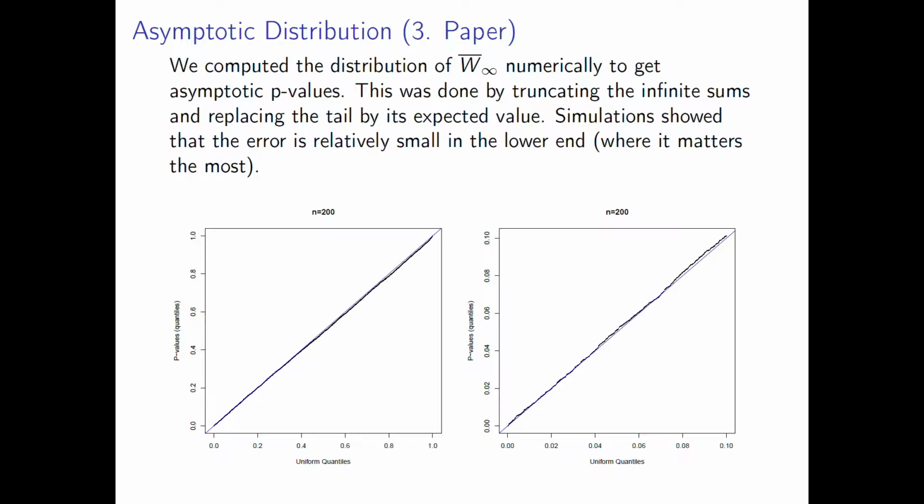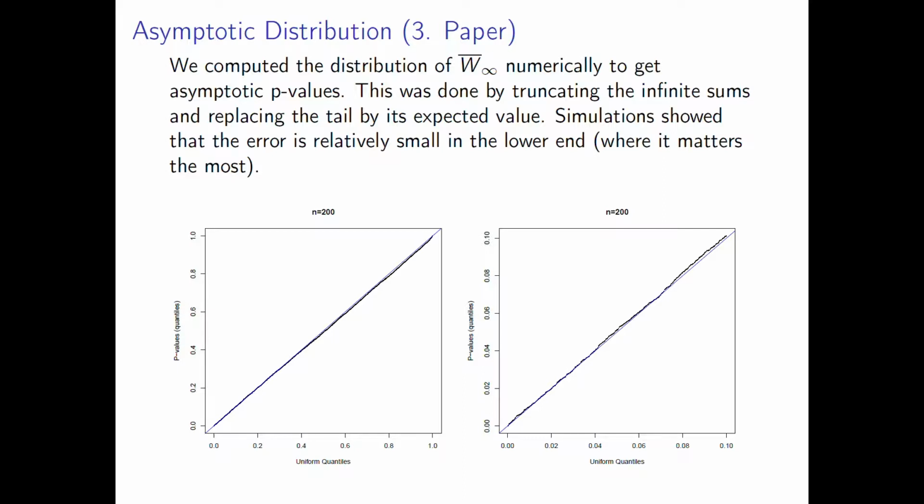If we zoom in, if you look at the right plot, we can see that the same type of behavior happens at the zoomed in level. So it means that the error gets smaller and smaller as we go lower in the quantiles.